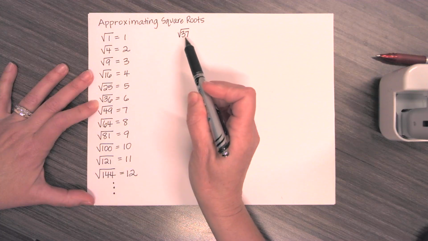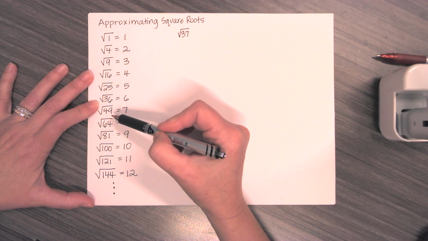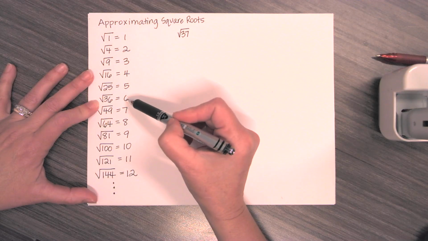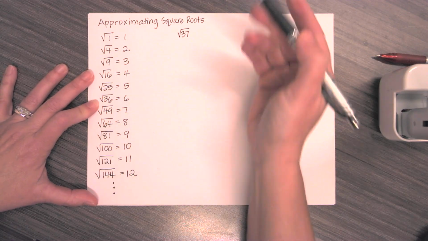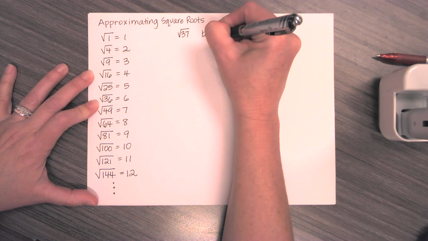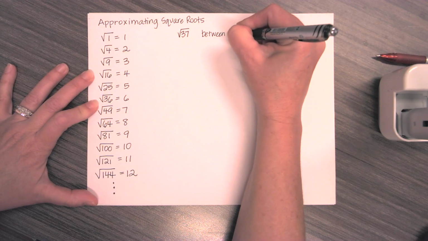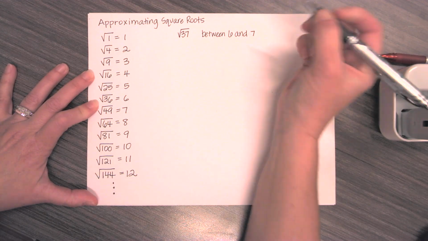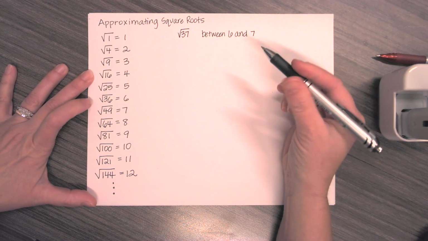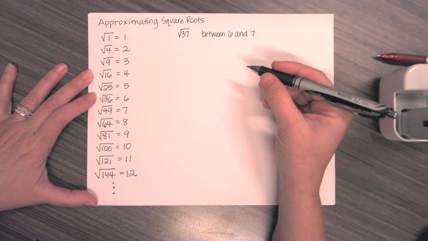So since 37 falls between 36 and 49, the answer to the square root of 37 should fall between 6 and 7. In fact, we should be able to say it's much closer to 6 than it would be to 7, since 37 is closer to 36 than it is to 49, okay?